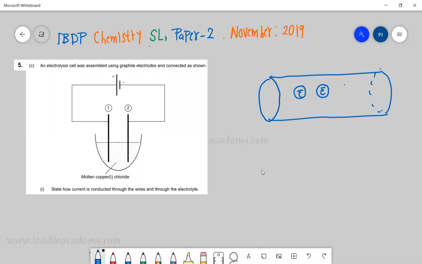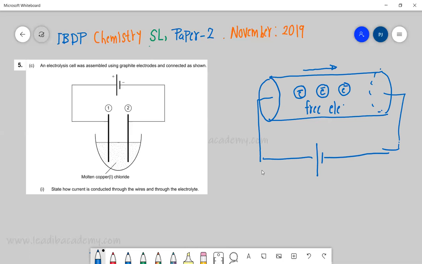Whenever we apply an electric field, a battery or EMF, these electrons start moving. So whenever current flows through the wires, this is due to movement of free electrons.